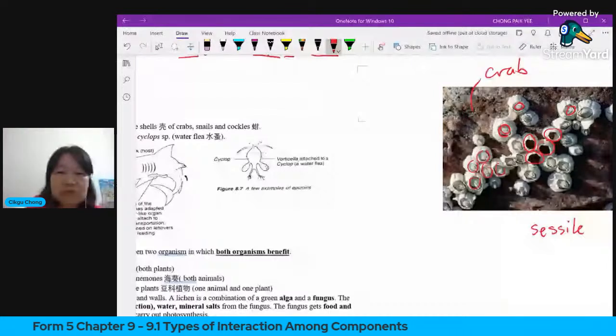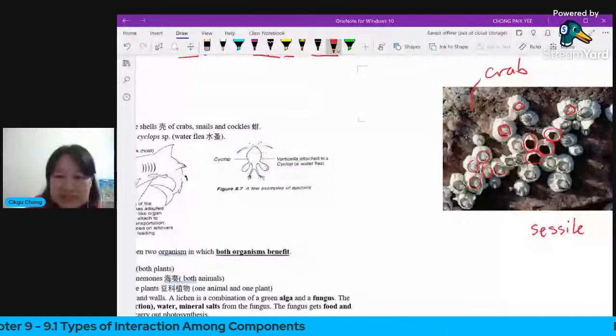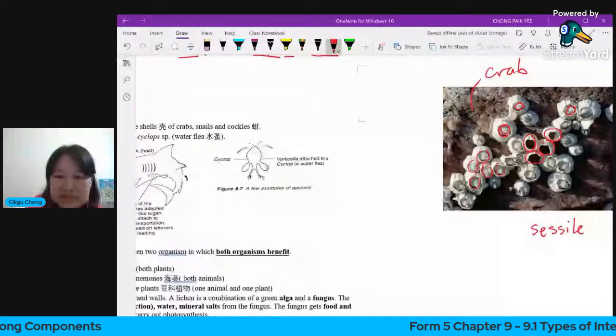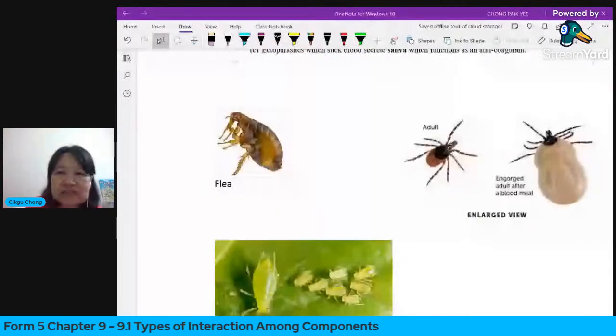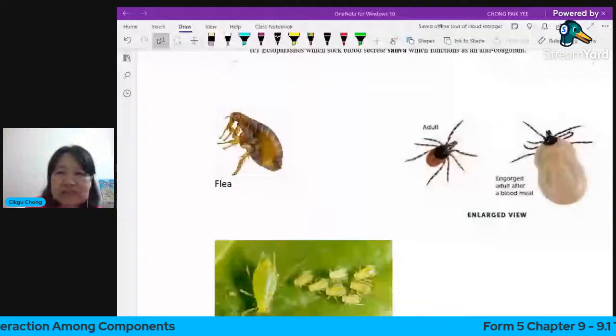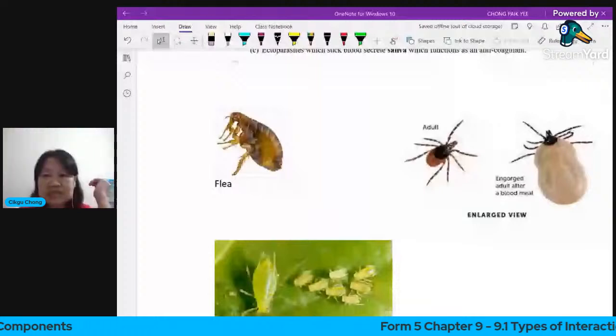Let me show you some ticks. You may not like it, huh? Right, see here? This is a flea. The difference between a flea and a tick is different. This is a tick. Those who have dogs at home, you always see this little kacang, isn't it? Sometimes when it's an infestation of ticks, in the beginning the tick is actually quite small.